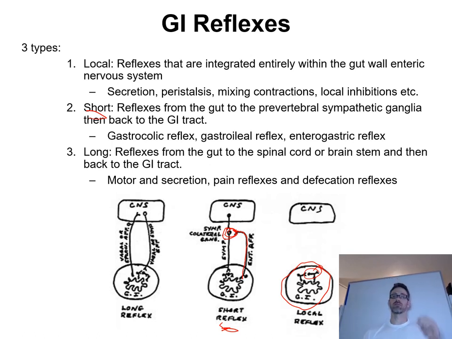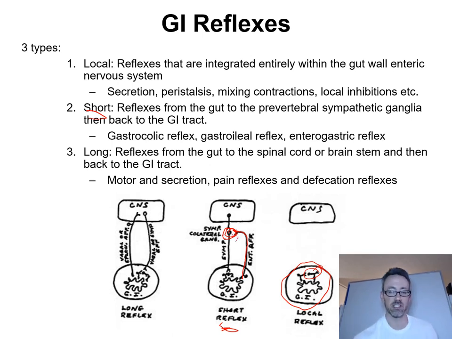So, for example, you may have one of the splanchnic afferents sending, let's say, a pain signal or something like that, back out off the GI. As it's traveling the splanchnic nerve, instead of passing through the prevertebral ganglia and going all the way to the spinal cord, it might give off a branch to the ganglia there, that prevertebral ganglia, like the celiac ganglia.